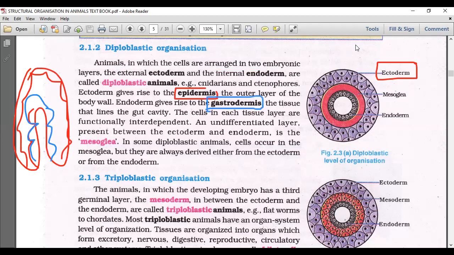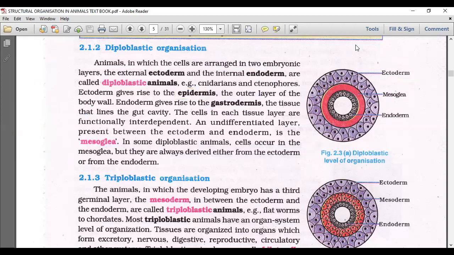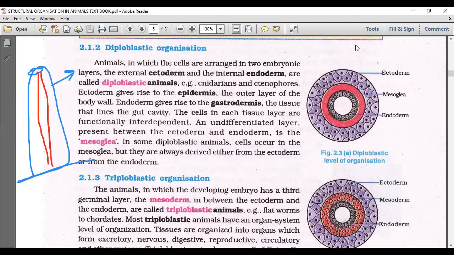This endoderm, whatever is inside, gives rise to gastrodermis. So in the embryo, we say it has ectoderm and endoderm. In the adult, let's take the example of Hydra: the outer layer is epidermis. What is the inner layer? The inner layer is gastrodermis, the tissue that lines the gut cavity. This is the gut cavity.